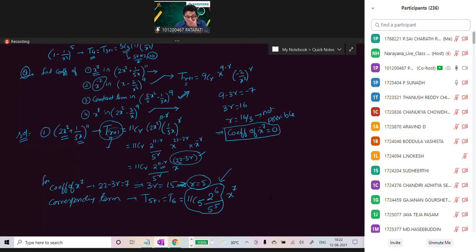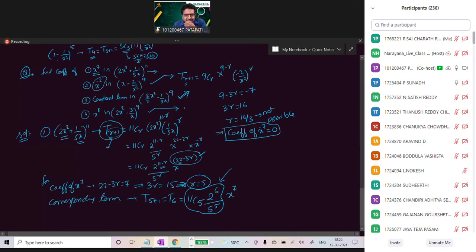So can I go forward if you understood this? Yes, sir. In the fourth one also I hope you get a fraction, so the coefficient is 0.